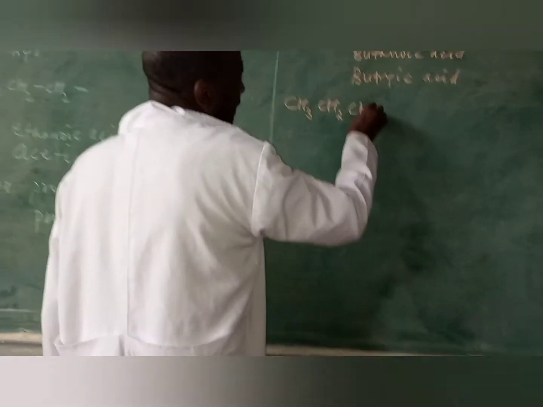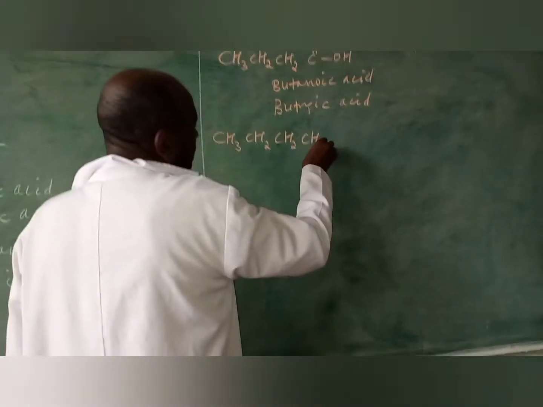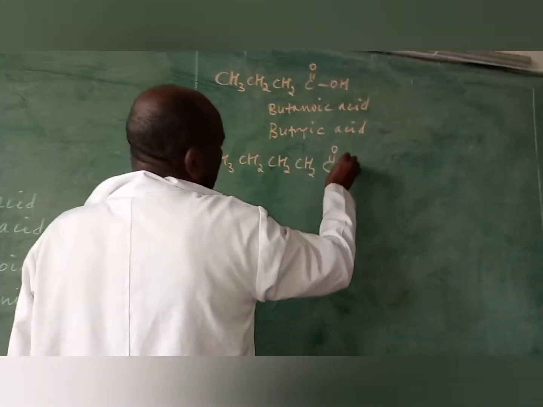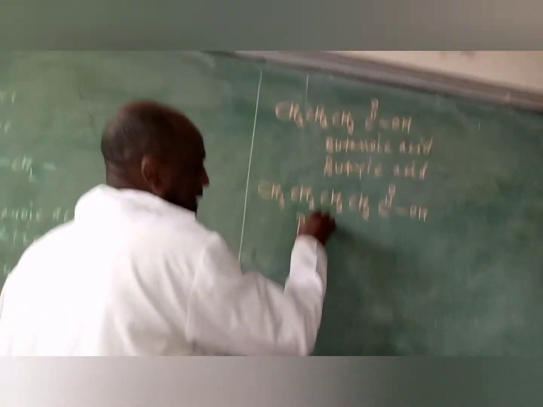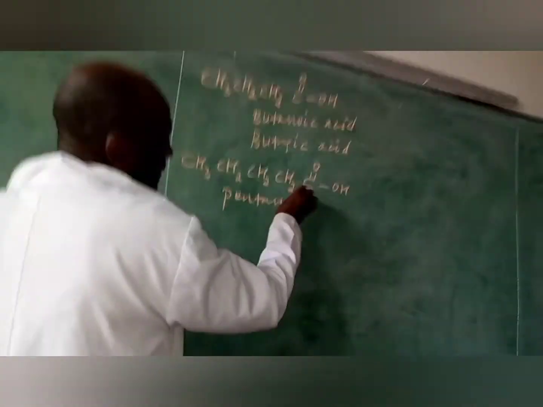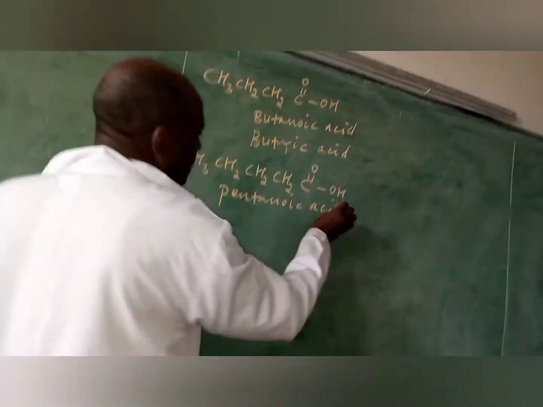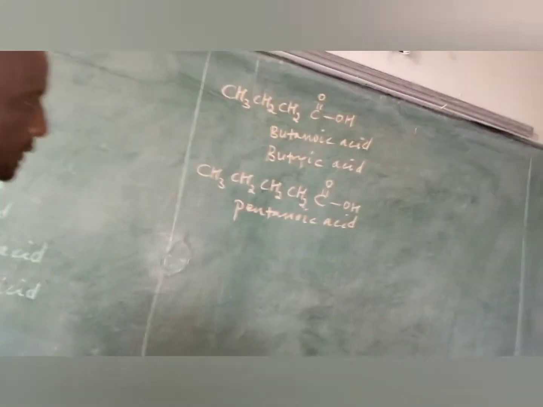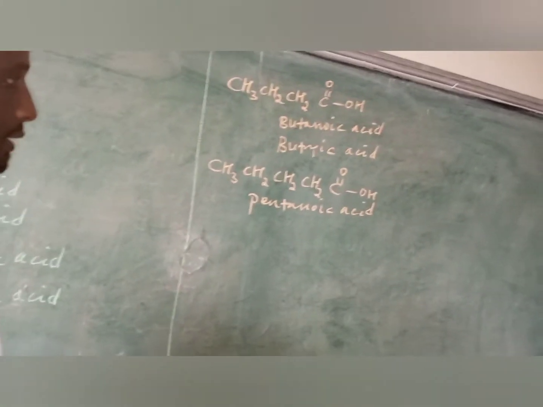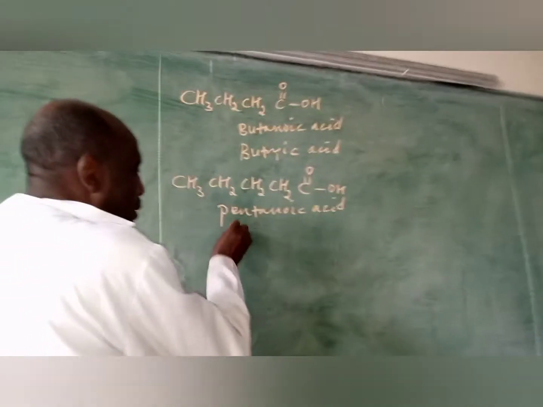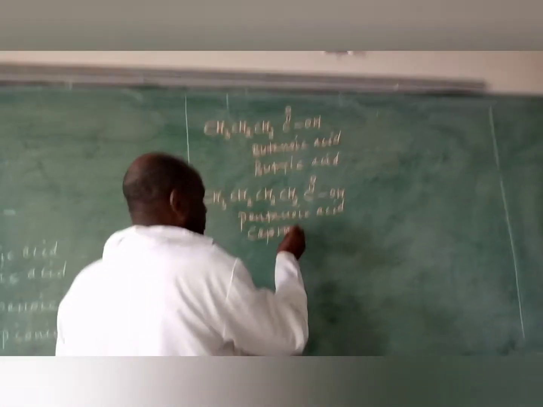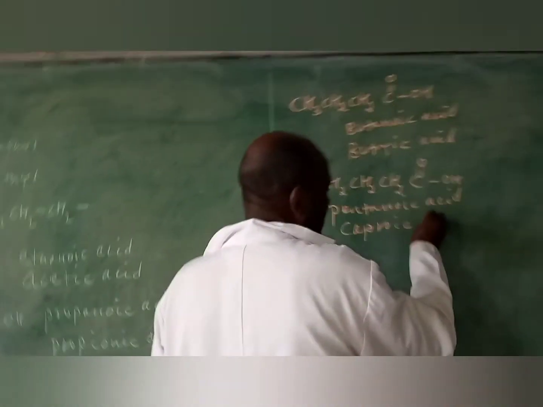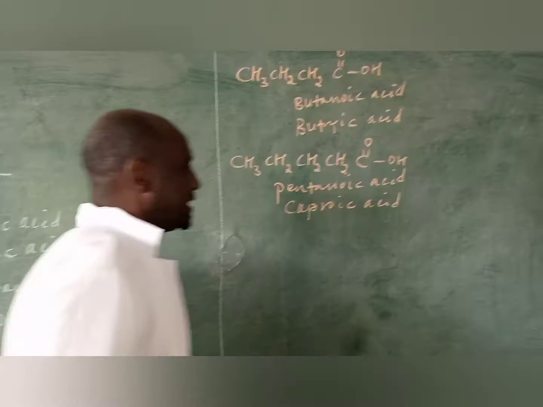If it contains 5 carbons, we call it pentanoic acid. Also, it is known by its Latin name, caproic acid.